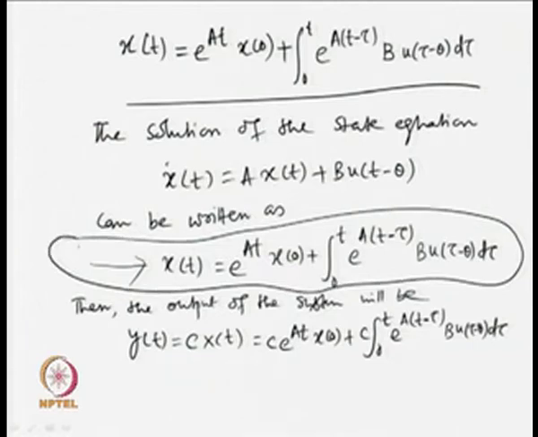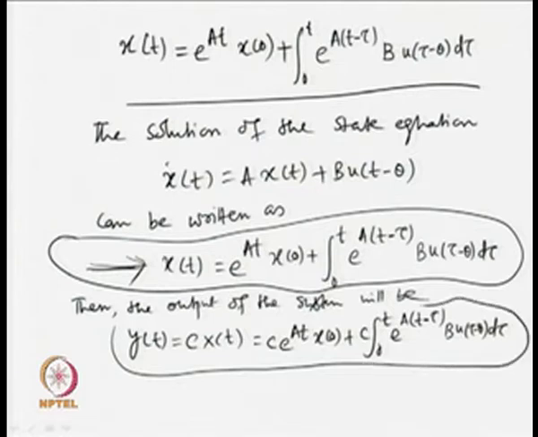of the state equation basically give the expression for state variables of a system in this form, and consequently the output of a system can be expressed in this form. These two expressions are very important in state space analysis of systems.